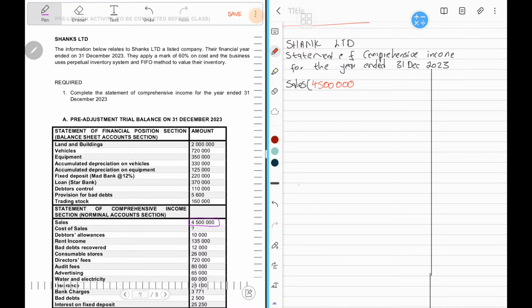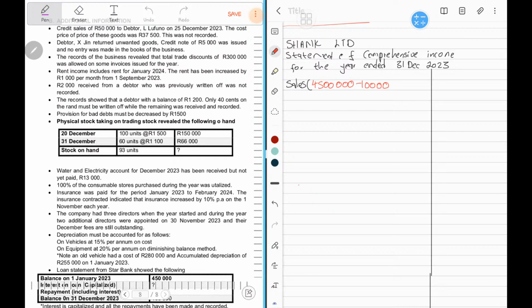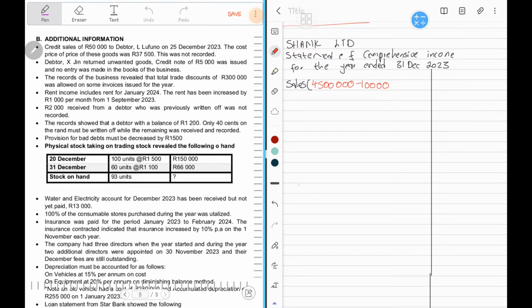Okay, then after you have done this, we're going to look at the debtors allowances here. Then we're going to subtract debtors allowances of 10,000 rands. Okay, then the third step will be for us to check if there is any adjustment that affects sales. We have the first adjustment.